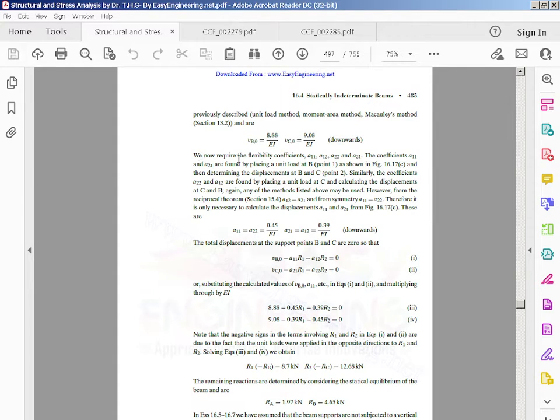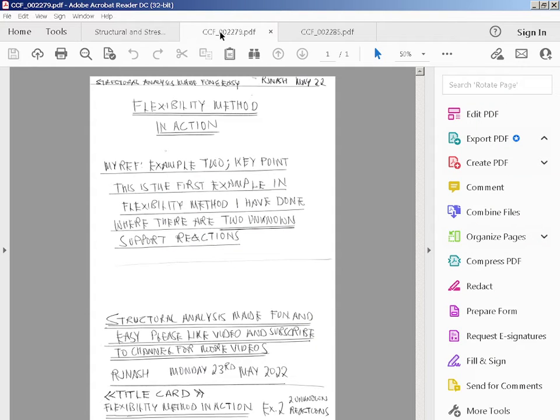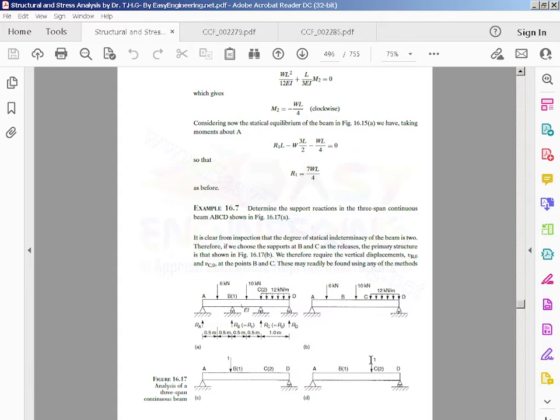We now require the flexibility coefficients A11, A12, A22 and A21. This is where we put a point load at B and a point load at C, just like he has drawn in diagrams c and d. Point load at B of 1 down and point load at C of 1 down.